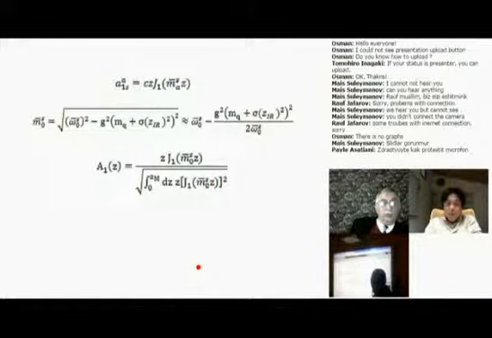So finally, the profile function for the axial vector field, which includes the condensate term also, has a simple form, as the usual one.